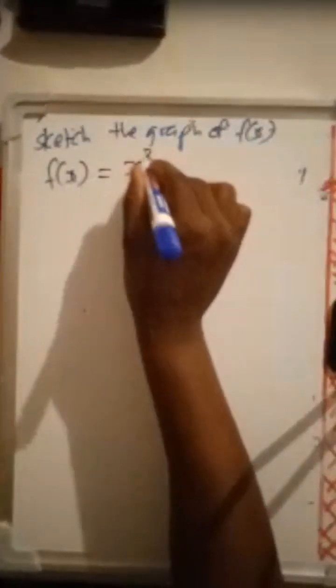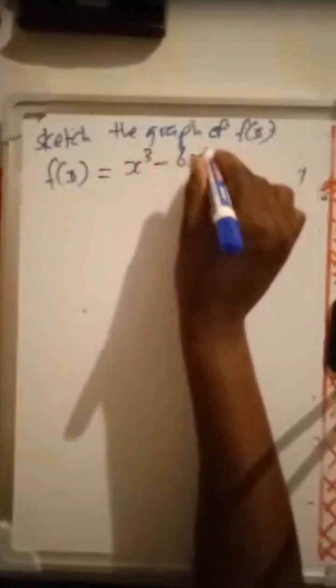An example of sketching says: sketch the graph of f of x if f of x is equal to x cubed minus 6x squared.